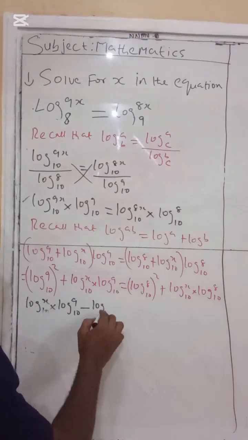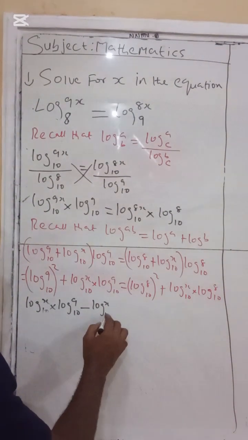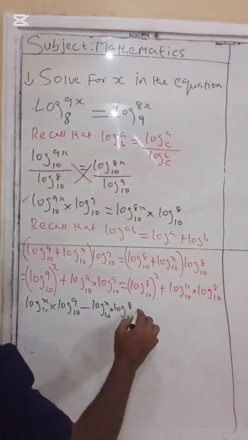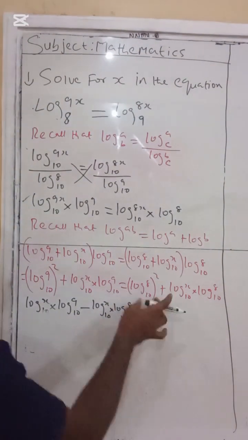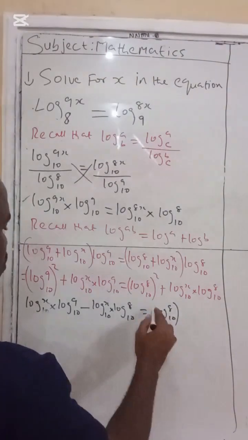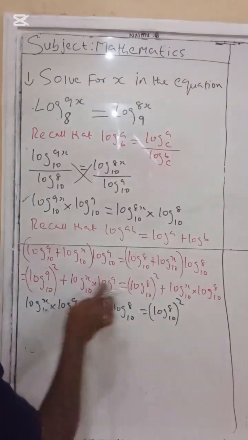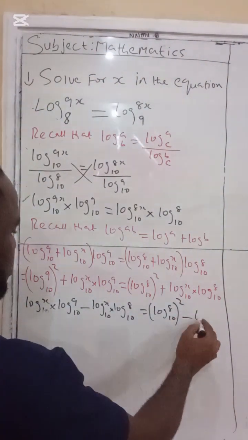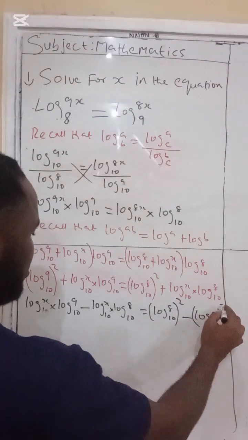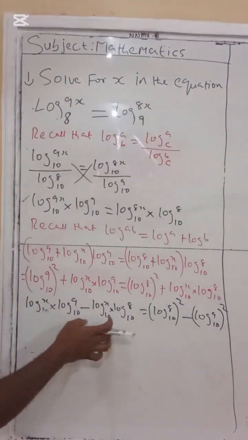So minus log x base 10 times log 8 base 10, which equals log 8 base 10 all squared. If this crosses to the other side, it becomes log 9 base 10 all squared.